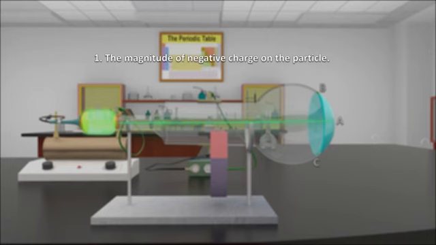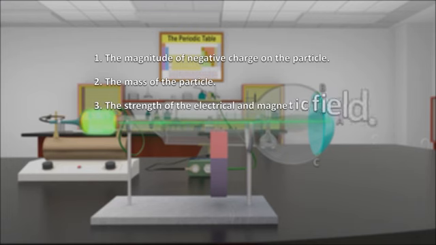The greater the negative charge, the greater was the deflection. 2. The mass of the particle. The lighter the particle, the greater was the deflection. 3. The strength of the electrical and magnetic field. The stronger the field, the higher was the deflection.